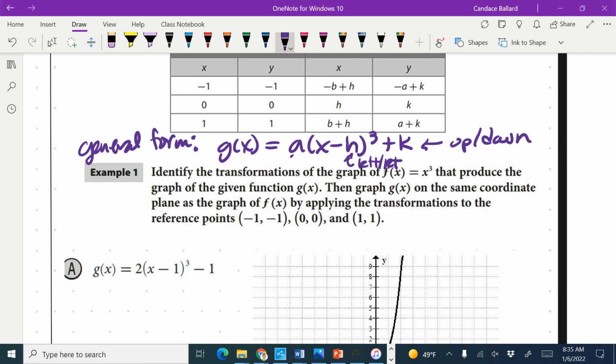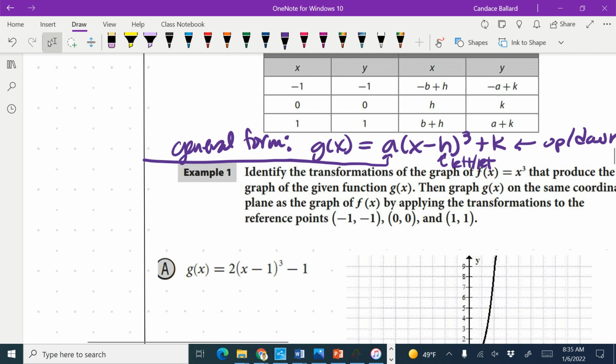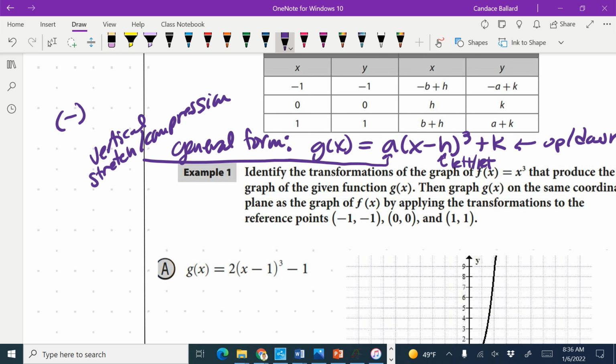The a tells us if it is a vertical stretch or compression, and then a negative in front is a reflection. I'll give you a minute to make those quick little notes.